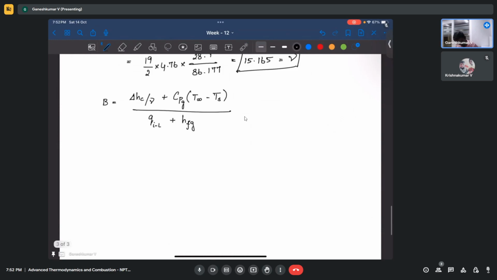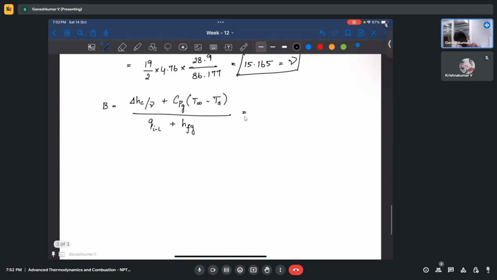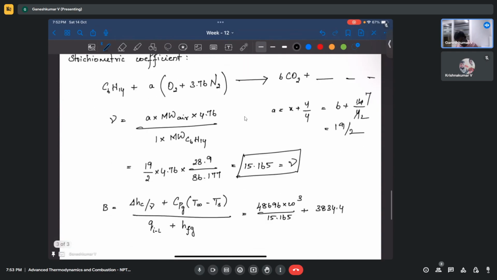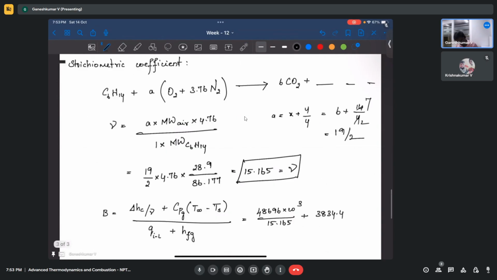Okay. So we know delta Hc, which we just found out, 48696 kilojoules, divided by nu 15.165 plus Cpg 3834.4, I guess, right? And it's in joules.